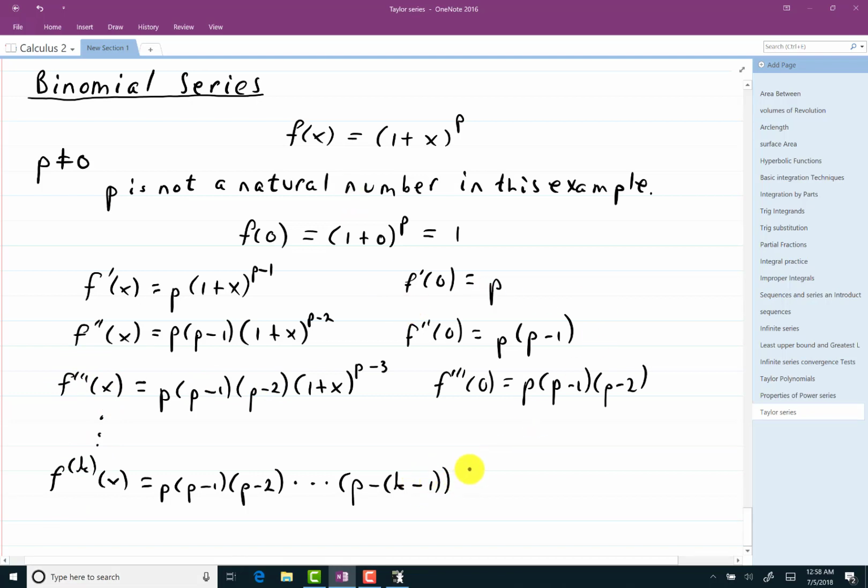And then I'm going to have 1 plus x, and the next one here matched with this. So if I have a k here, this is p minus k here.